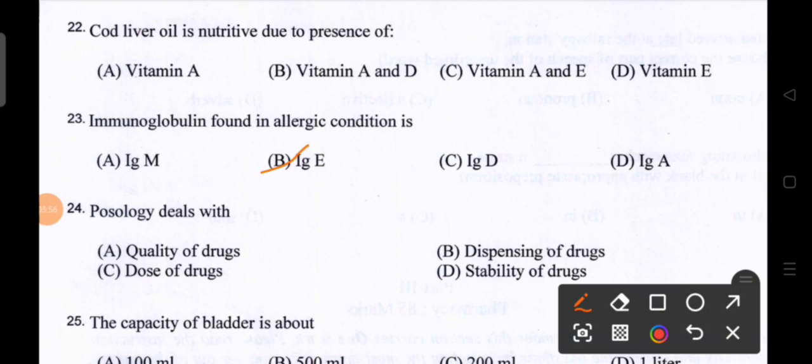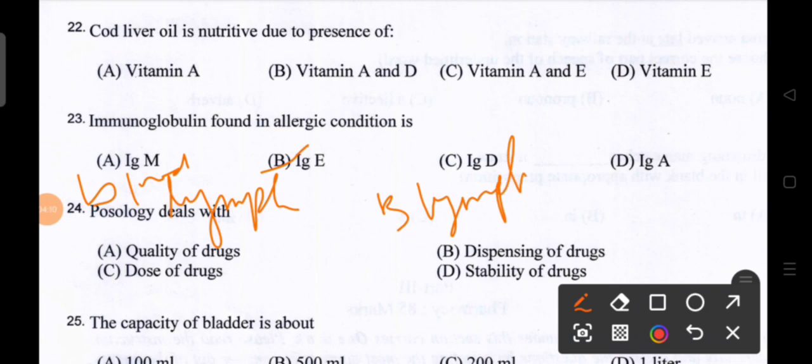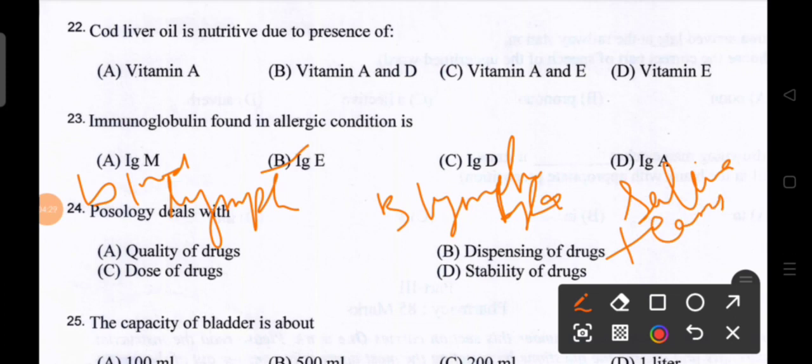IgM is normally found in blood and lymph, and IgD is found in B lymphocytes, and IgA is normally found in mucous membranes, like saliva, tears and breast milk of mothers.